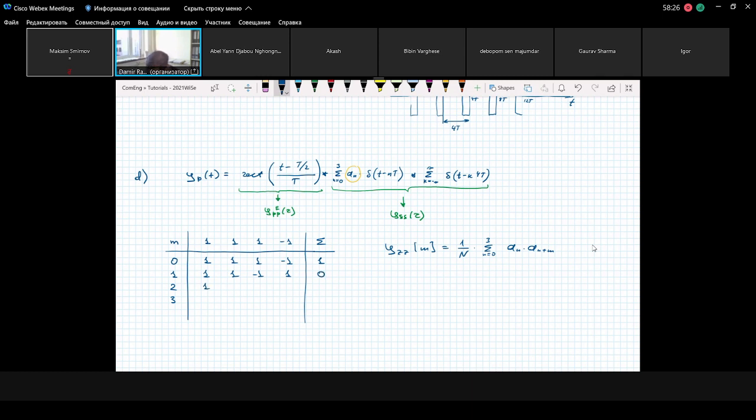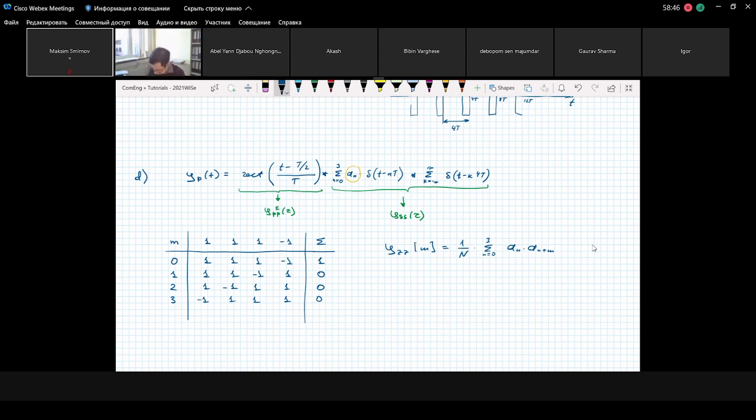And for all other shifts, the result will be equal to 0. So we see that we have only one non-zero value.